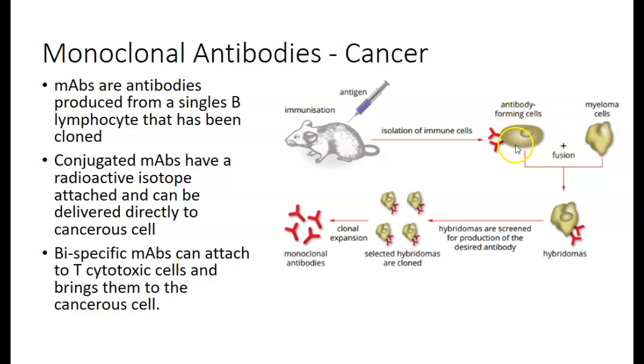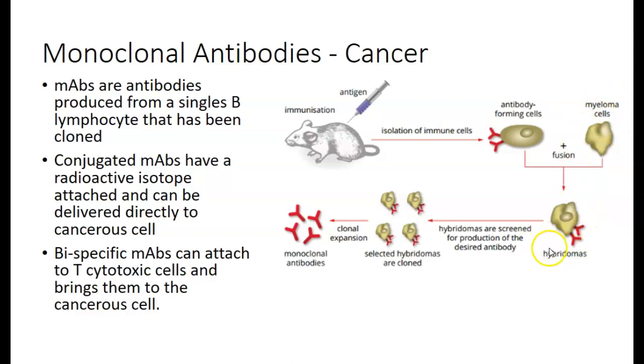So the B lymphocytes that were activated must be the ones that carry the antibody that is complementary to the antigen in question. And then this is a much more complicated process than's being presented here, but it's safe for you to just recognize that this fusion process takes place. So the B cell is fused with what we call a myeloma cell to produce something called a hybridoma.